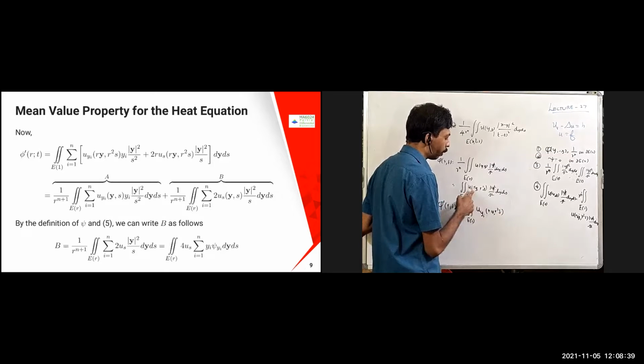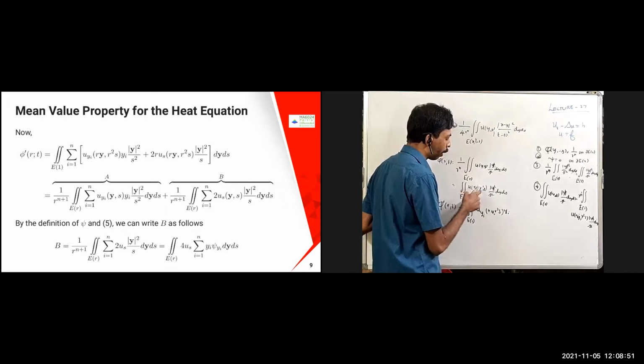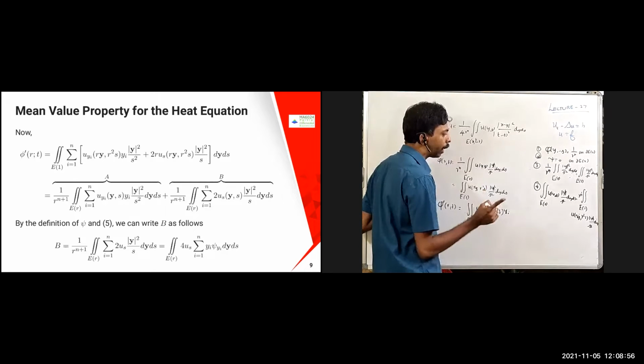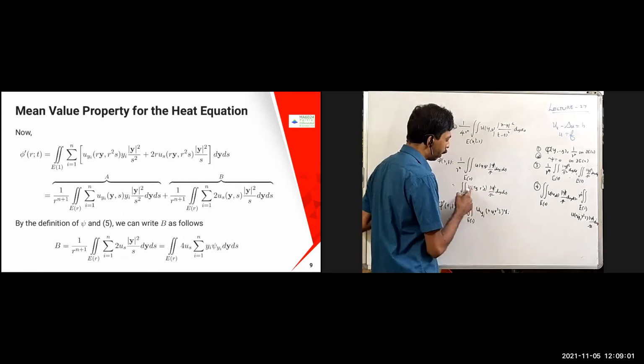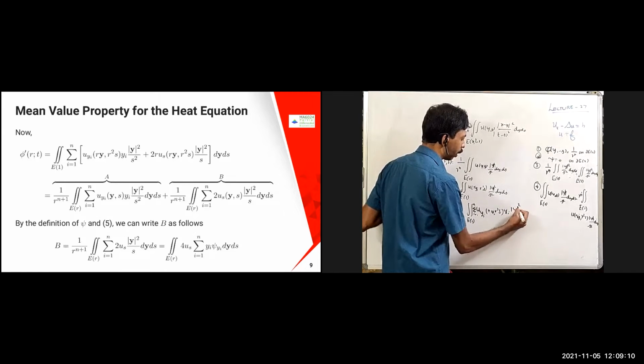And you are going to differentiate with respect to r, so the coefficient yi is going to come. First you differentiate with respect to the first coordinate, and then there is a constant. This is for each i, using the chain rule, so you get the sum for i equal to 1 to n, into mod y square by s square dy ds.